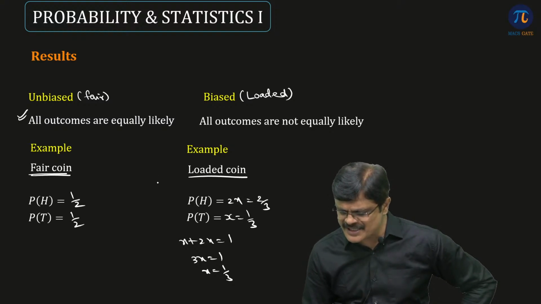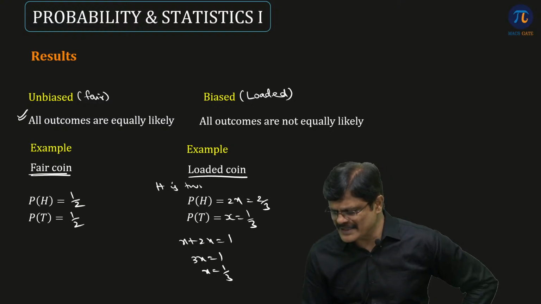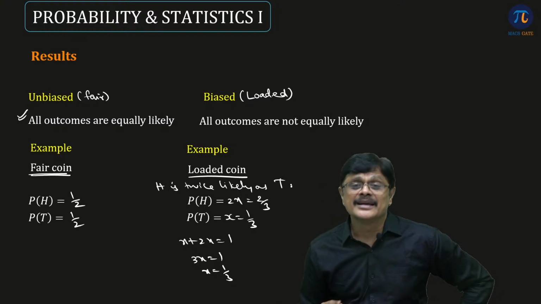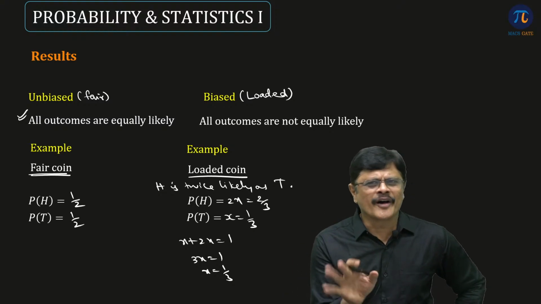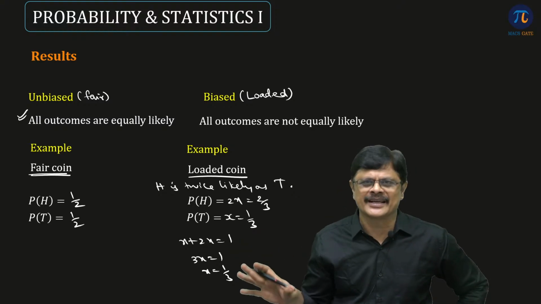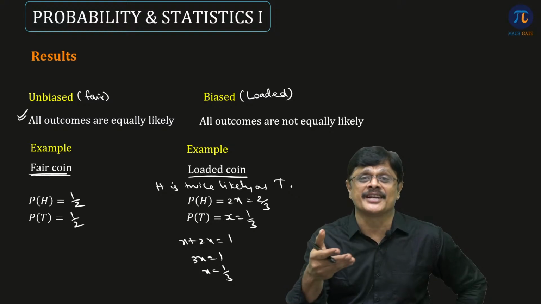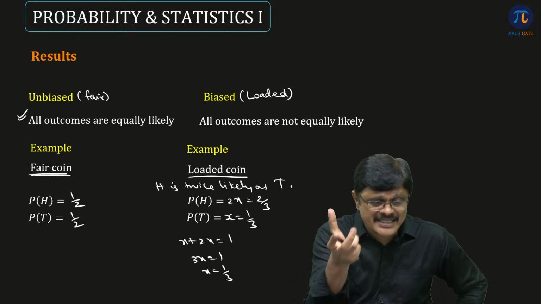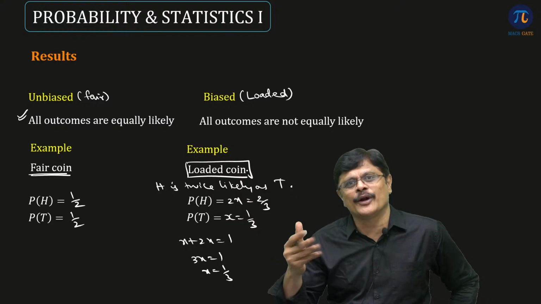Here what is mentioned? Head is twice as likely as tail. So for loaded we need to define it. For a fair coin or fair event we don't have to mention anything, because all the outcomes are equally likely. But when it is a loaded or biased one, we need to mention how that biasedness is defined. Generally we will not just say loaded and ask you to solve it.